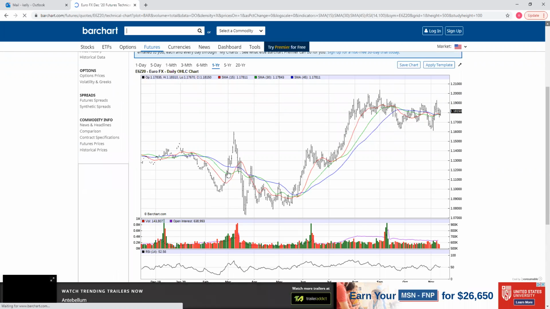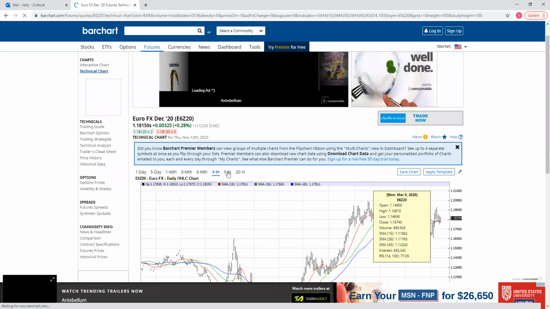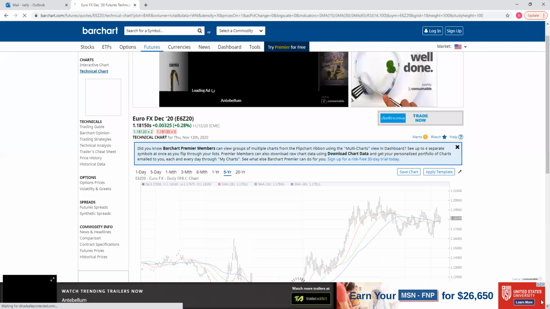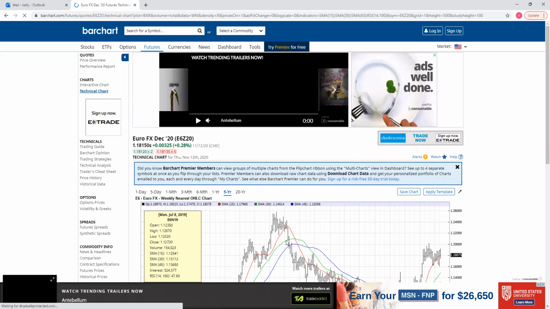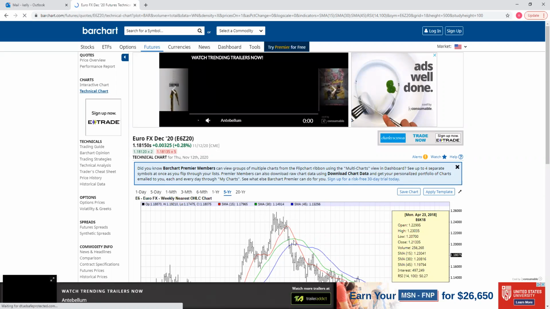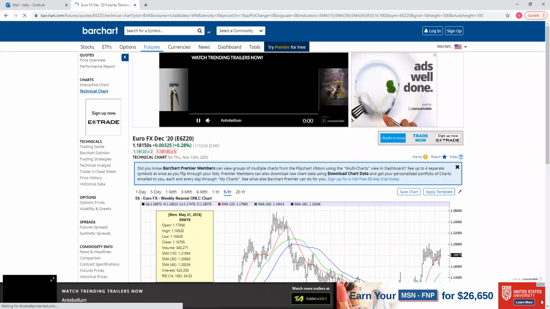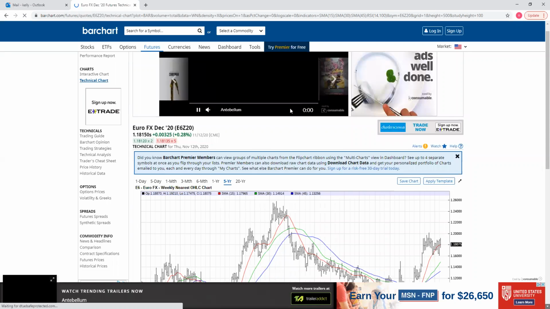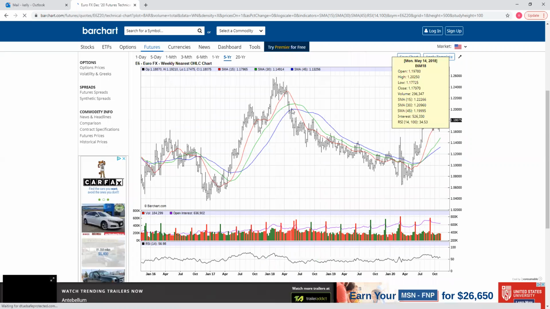Let me show you a 5-year graph and see where we came up with 120. Okay. We came up with 120 off of this area here. This high point here was 120, and this high point here was almost 120.